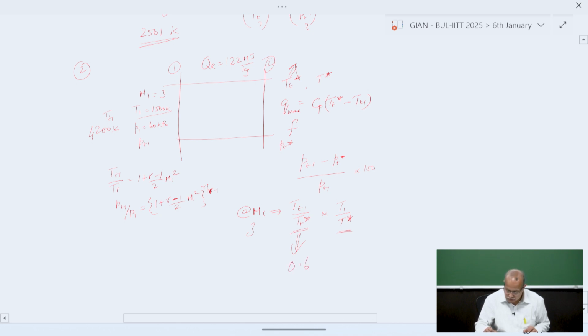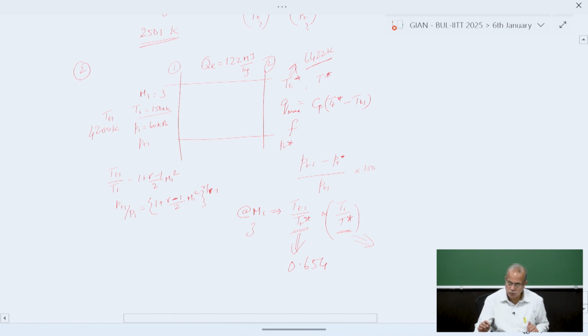What is this value? 0.6654. And what is this value from the tables at M3? They're talking about TT star, yeah?